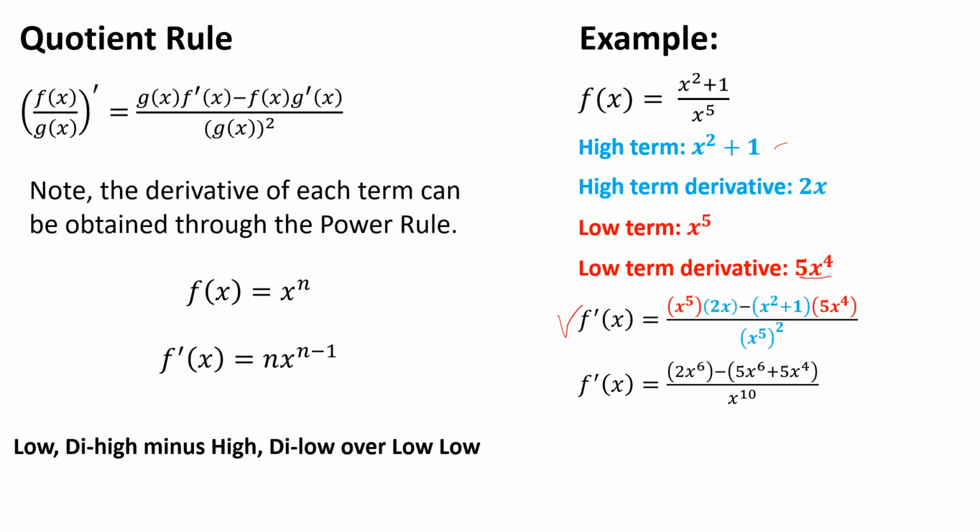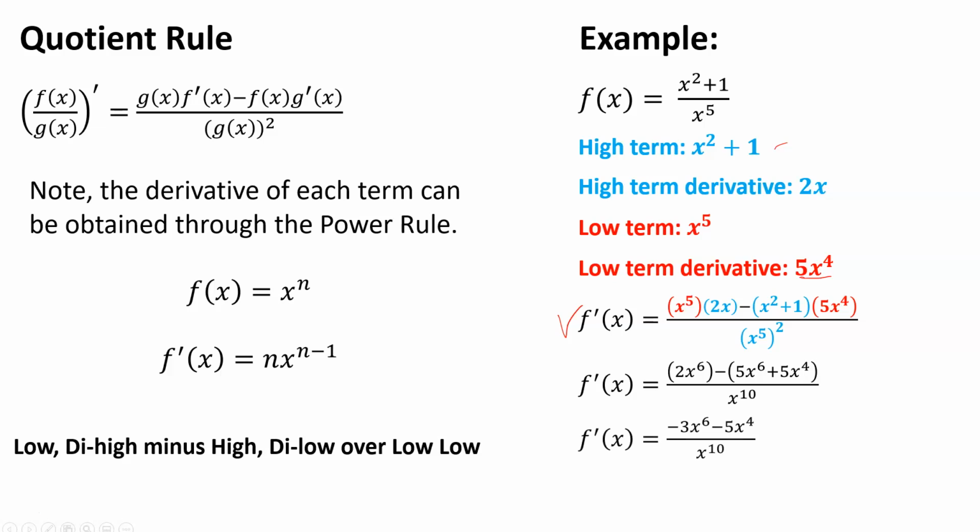All I'm going to do is carry out the arithmetic. So we got 2x times x to the fifth, which is 2x to the sixth, minus, multiply 5x to the fourth through, which gives you 5x to the sixth plus 5x to the fourth, over x to the fifth squared, which is x to the 10th.